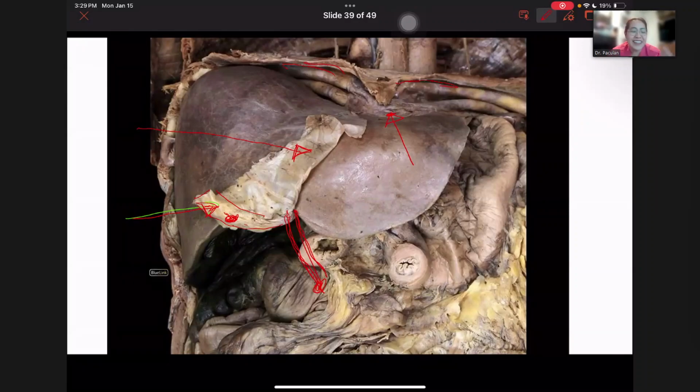The coronary ligament connects the liver to the diaphragm. The falciform ligament connects to the anterior abdominal wall. This is the falciform ligament, and this is your round ligament of the liver. It's a remnant of the fetal circulation.